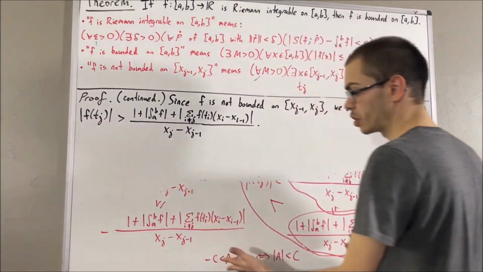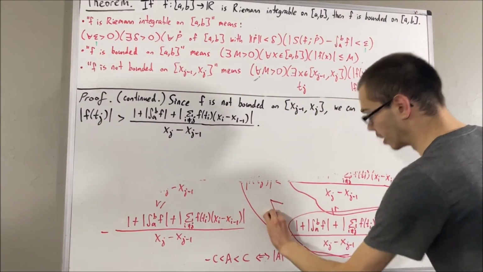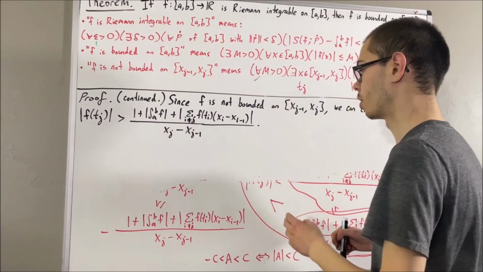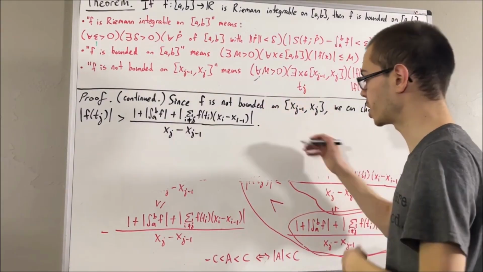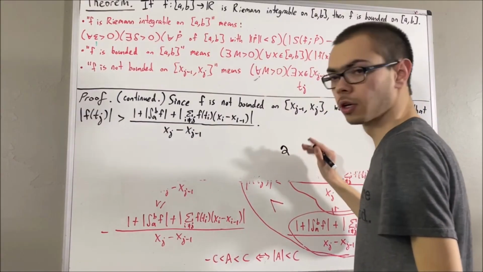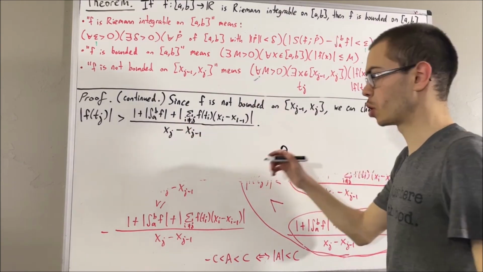But doing the analysis we just did, we can also show that absolute value of f of tj is less than that quantity. So at this point, since we've chosen all of the tags for our partition Q, we now have a tagged partition Q, along with the tags that we've just chosen.